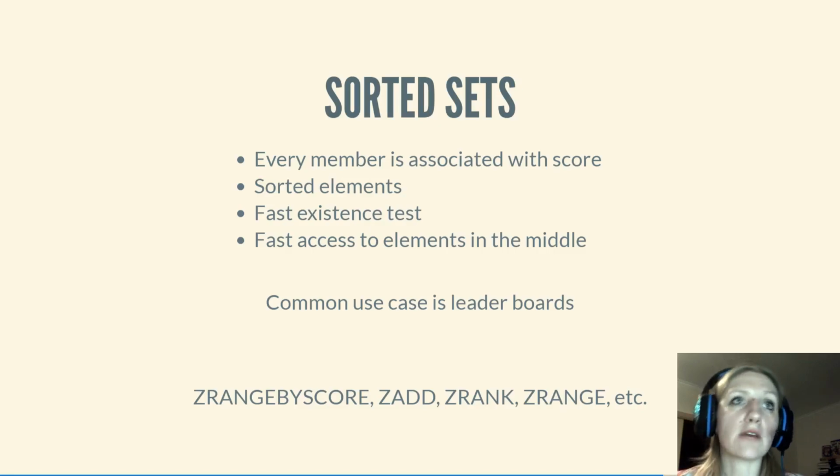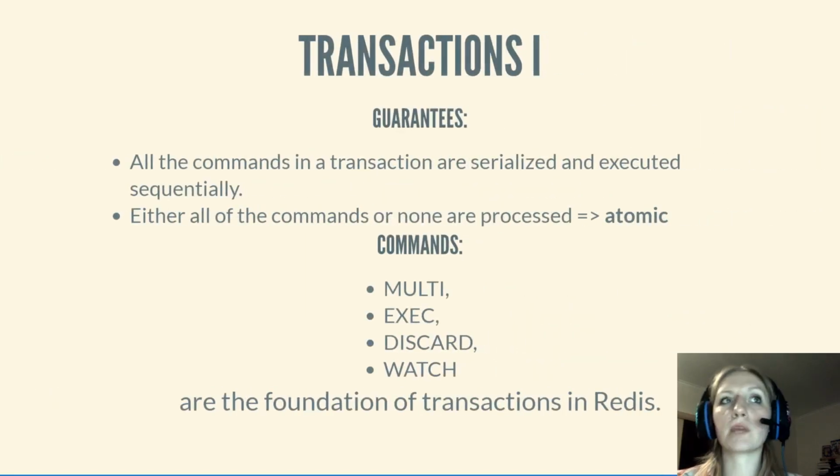So, as I have mentioned, Redis supports transactions, and transactions provide your ability to execute some commands together in a single step with two main guarantees. The first guarantee is all commands in a transaction are serialized and executed sequentially, and that means that no other request issued by another client can be served in the middle of your request while executing your transaction.